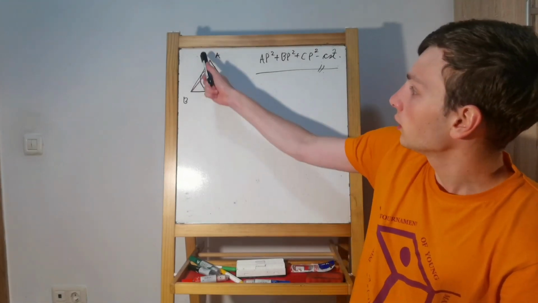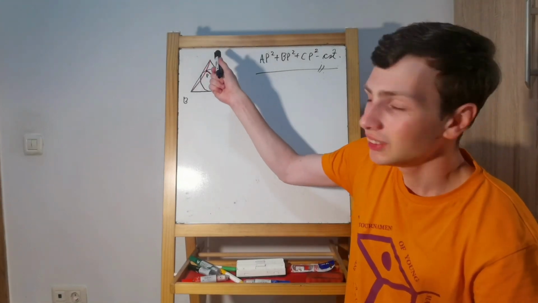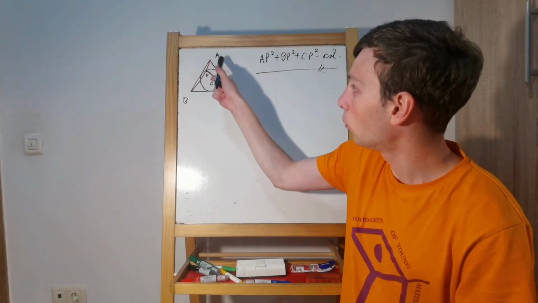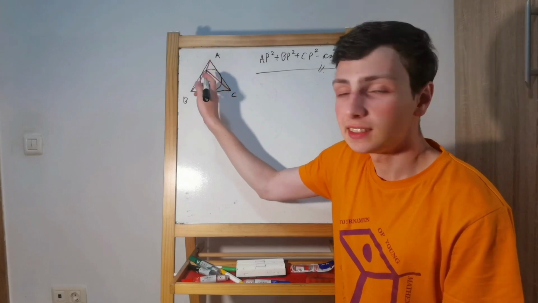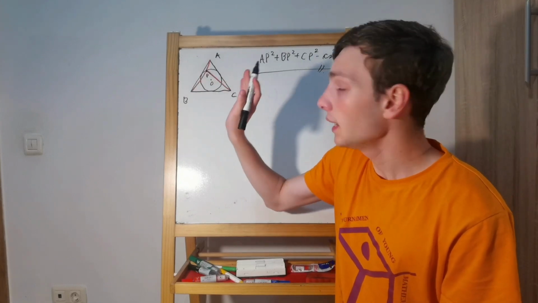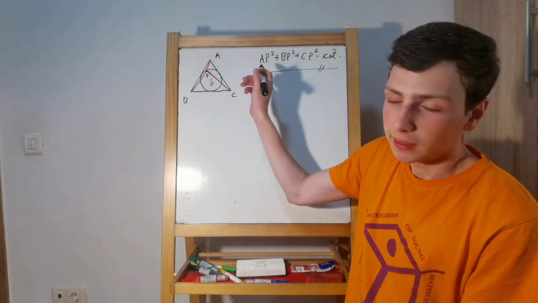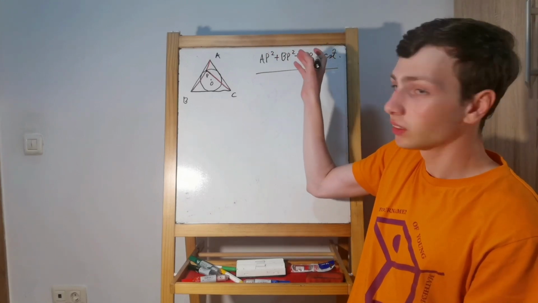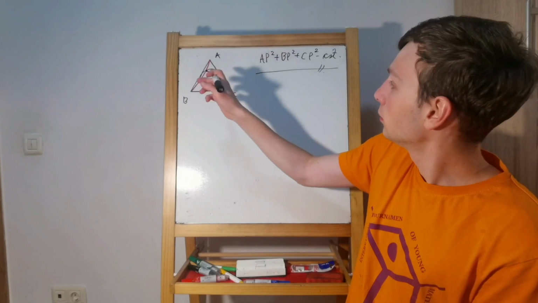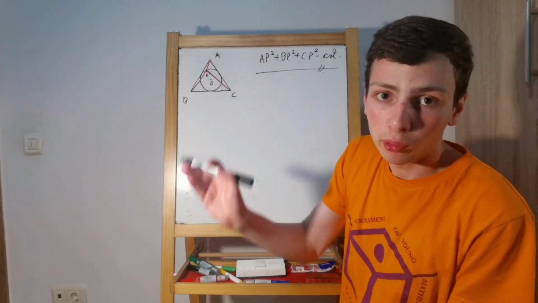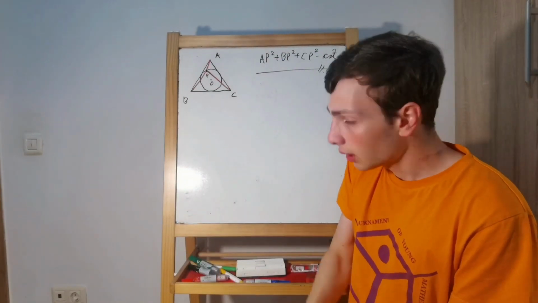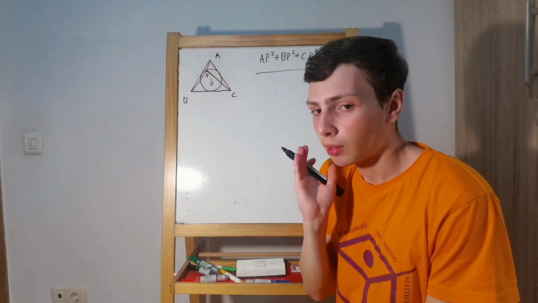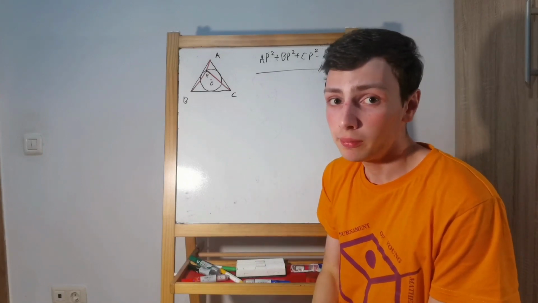So, given an equilateral triangle ABC, we have to show that if we pick a point P on its incircle, then the quantity AP squared plus BP squared plus CP squared is a constant, no matter where we pick the point P. Alright, I will show you the simplest solution I could come up with for this problem.